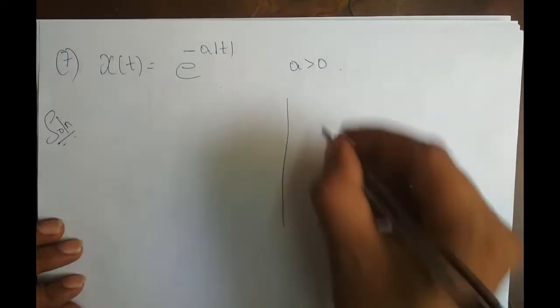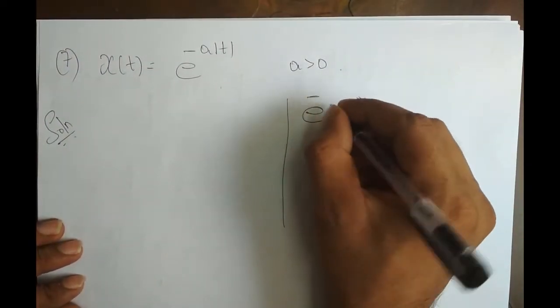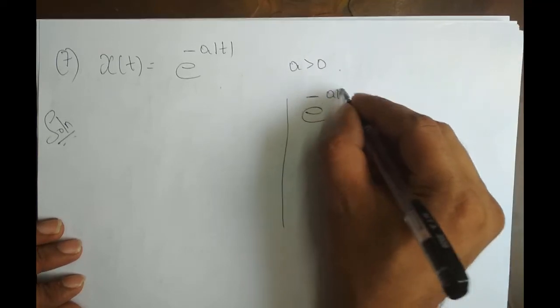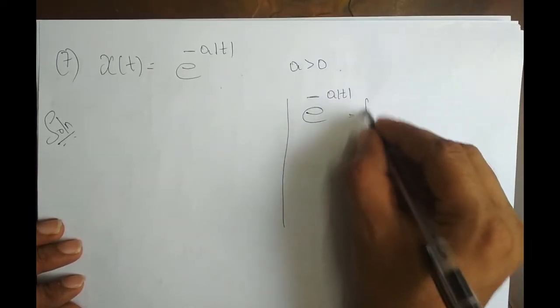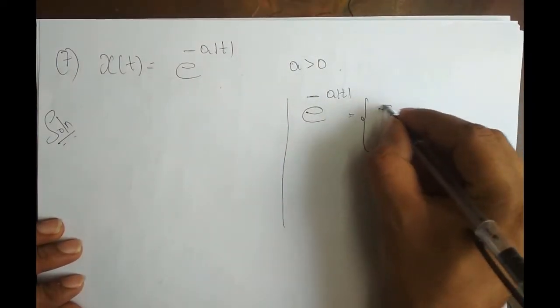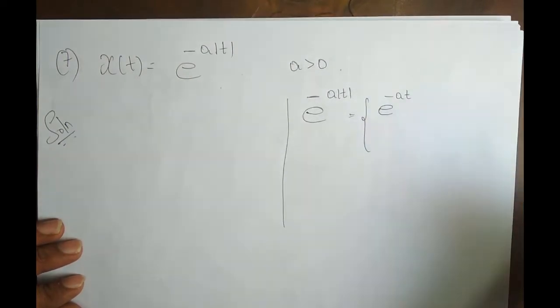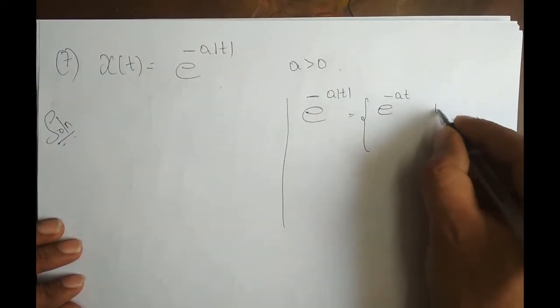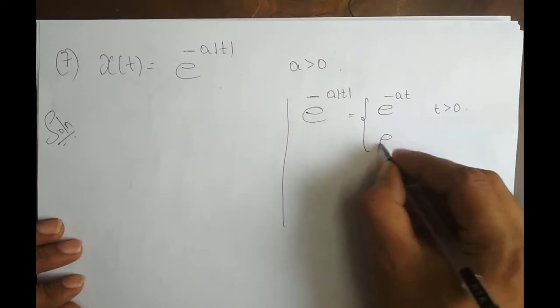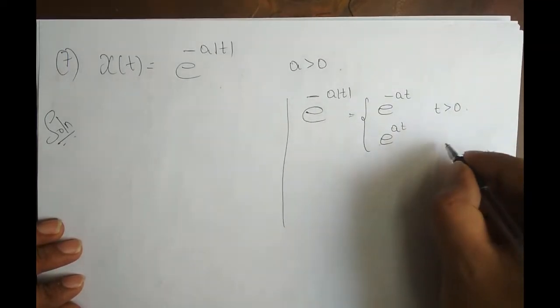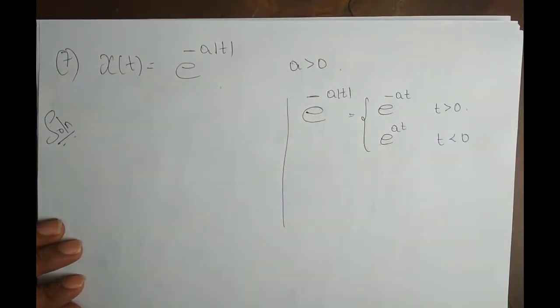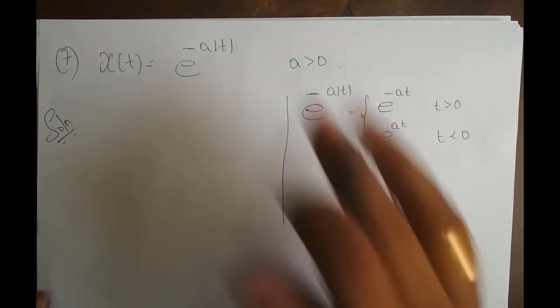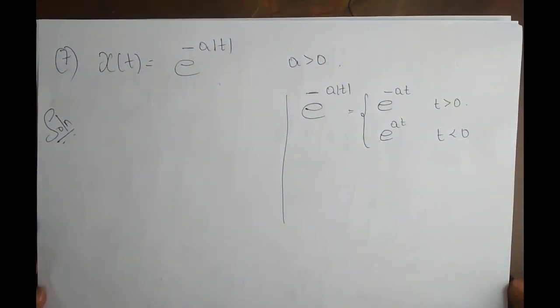Mathematically it is e power minus at, an exponentially decreasing signal for t greater than 0, and e power plus at, an exponentially increasing signal for t less than 0. This is how e power minus a mod t is defined.